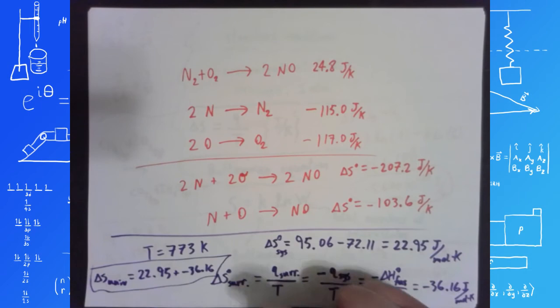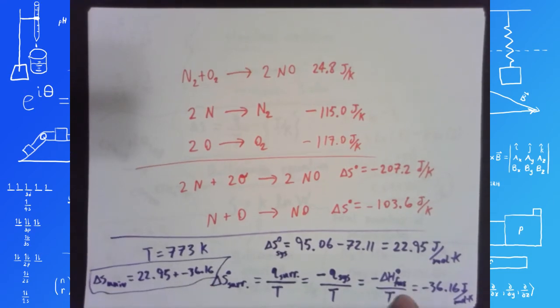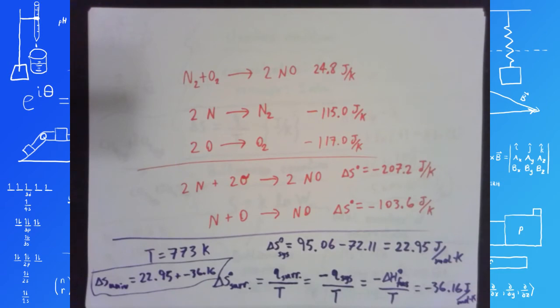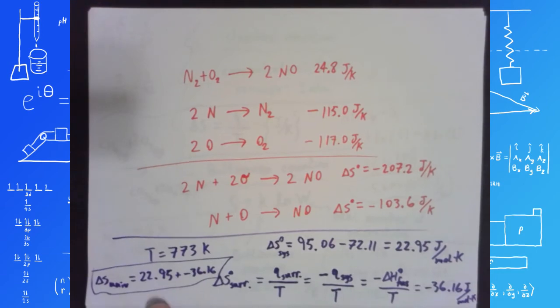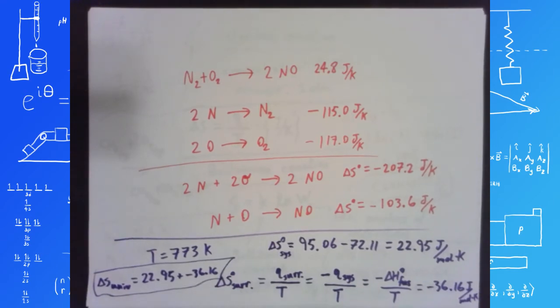Because at the end of the day, the total entropy change of the universe must be a gain, an increase. Okay, so you can try it again for 700 degrees Celsius and see if that changes anything. I guess it would, because it would lower the value of delta S surroundings, maybe make it less negative to the point where its magnitude is less than 22.95. But yeah, that's how you would go about that one.